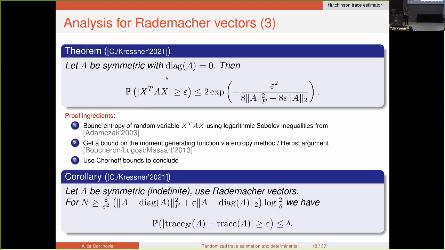So what we get, okay, there's an assumption that is not problematic, let's say: we're assuming that A has zero diagonal. And then one can prove that the probability that the absolute value of X transpose A X is larger than epsilon is bounded by this quantity here.